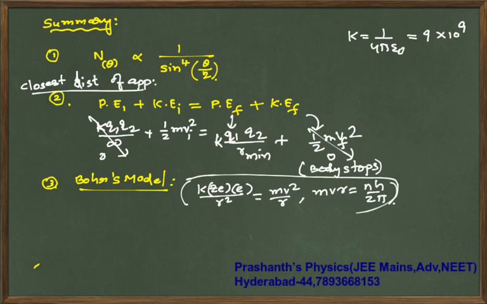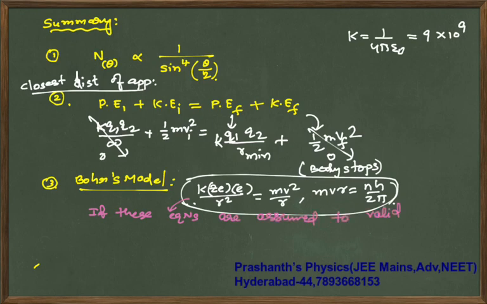Now if these equations are assumed to be valid, what is it that I am getting? First formula is radius of electron in nth orbit is 0.529 n square by z Armstrongs. Second, velocity of electron in nth orbit is 2.2 into 10 power 6 z by n meters per second.